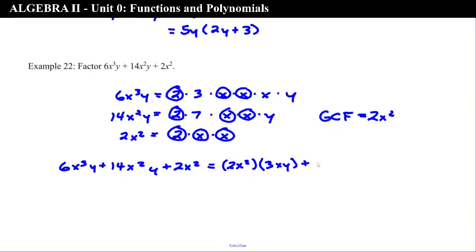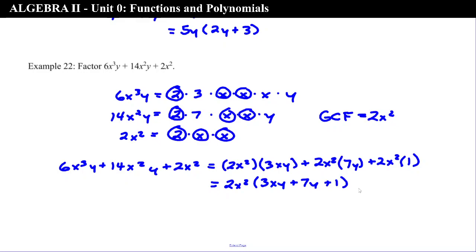And then we've got 2x squared coming out of the second term. What's left is 7y. And then when we pull 2x squared out of the third term, well, all that's left is 1, because 1 times 2x squared is 2x squared. And then we're going to pull 2x squared out in the front, and we're left with a polynomial on the end here. And that's it. We have factored that original polynomial.